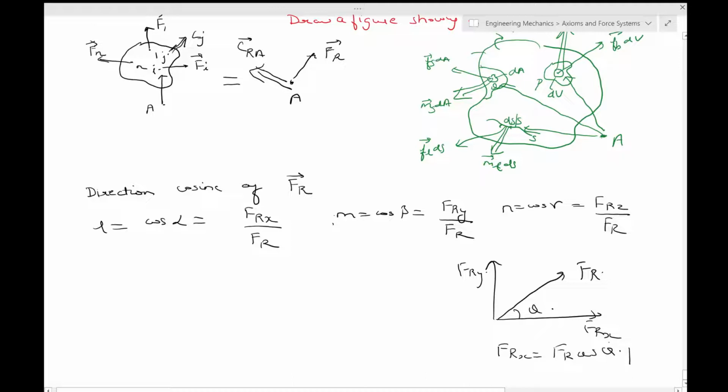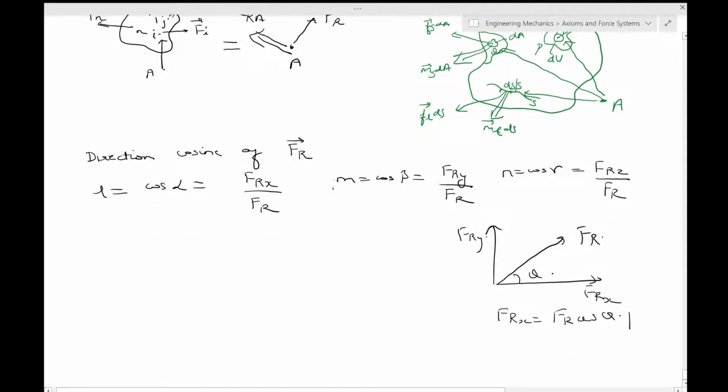Now the same can be done in the y direction. Fry is equal to Fr sine theta, or you can write it as Fr times cos of 90 minus theta, for this particular angle. Similarly one can do it about the z-axis. So this is what a direction cosine is, if this is the first time you are learning about this.